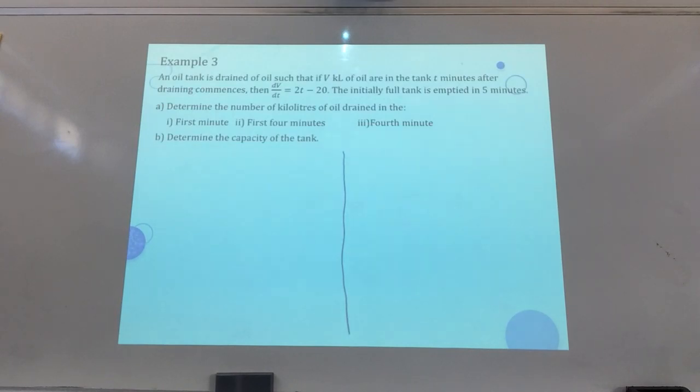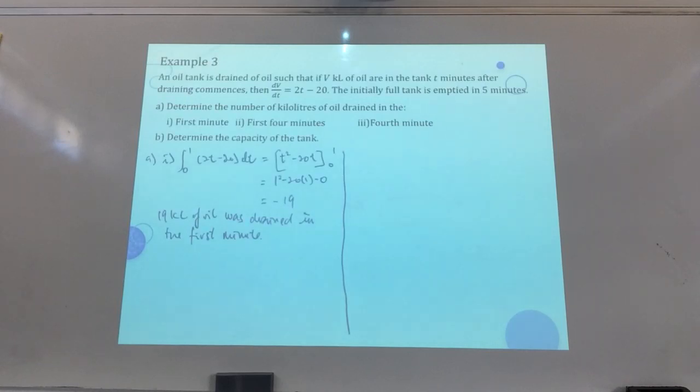The thing is, once you know how to do your first integration, the rest is just substituting the numbers in. It's a matter of interpreting the question. Now, you will work out the answer is minus 19. Here, you actually have to say that 19 kiloliters of oil has been drained in the first minute.